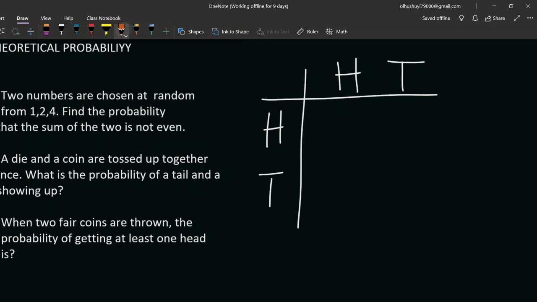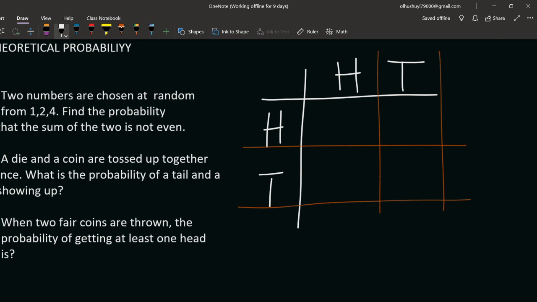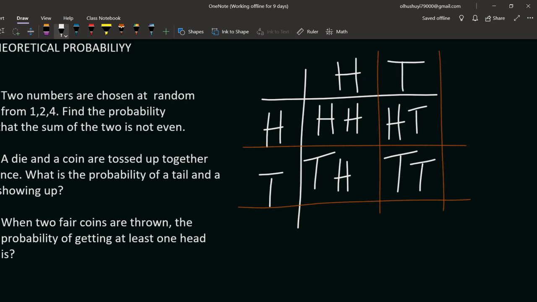So what do we have now? This one will be head-head, head-tail, tail-head, then tail-tail. The question says, what is the probability of getting at least one head?